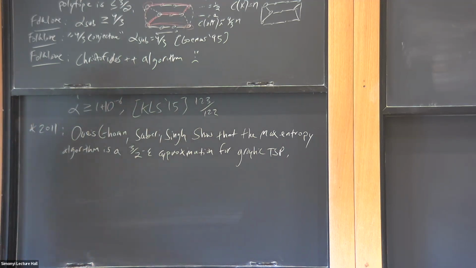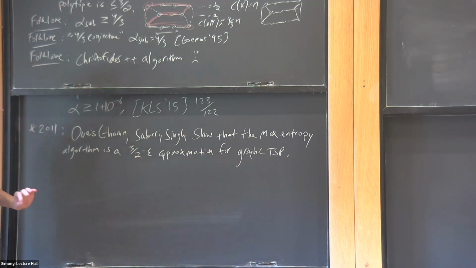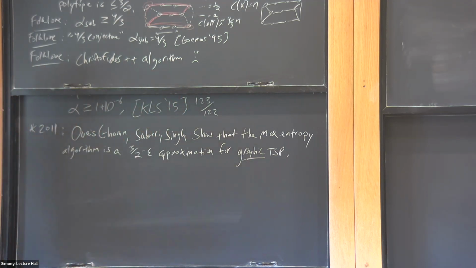The graph is unweighted. That's what the graphic part means. And then, yeah, if you allow weighted graphs, then actually it's a completely general version of the problem. There was some paper of Vishnoi for some.